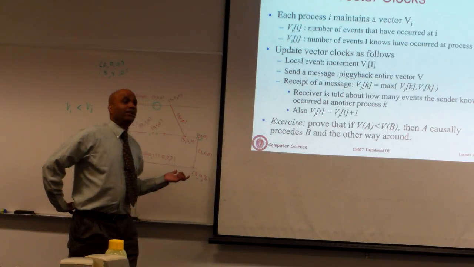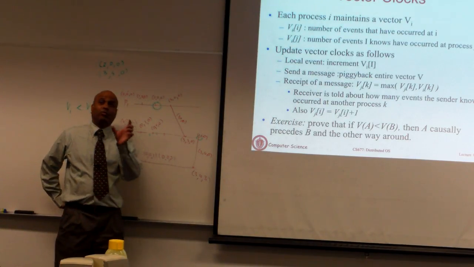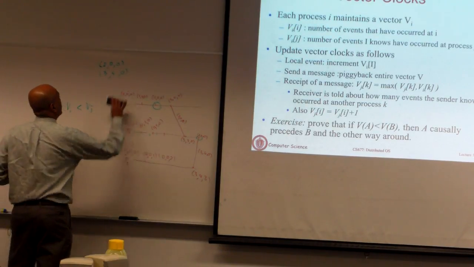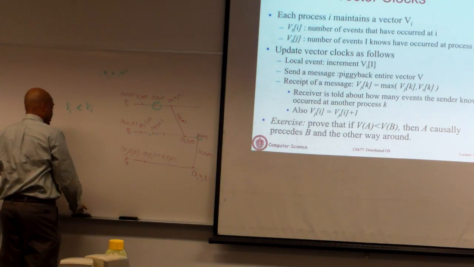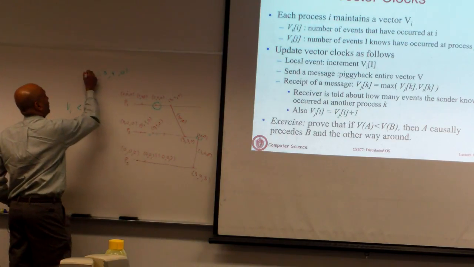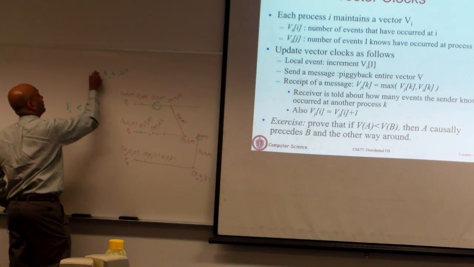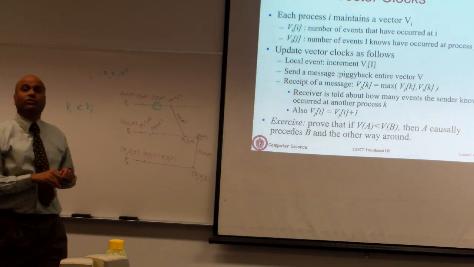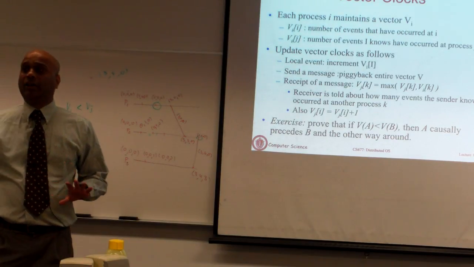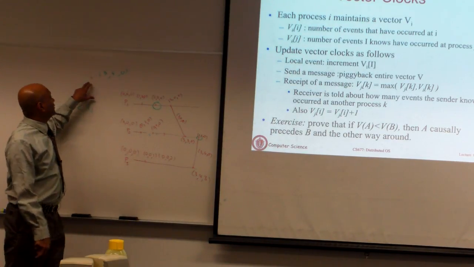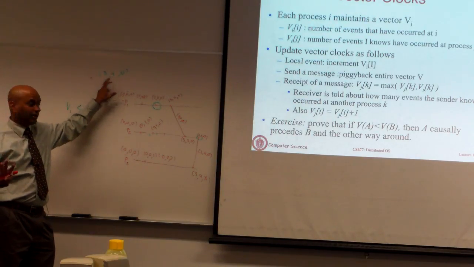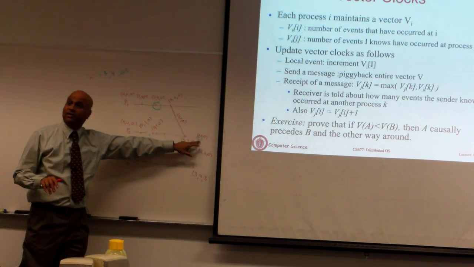To understand that, we need to understand what the vector is telling us. Let's take process P2, in particular this event which is marked here. If I say this is event 3, 4, 0, what does this tell us? Because this is a vector at P2, it tells us P2 has seen 4 local events, just take the clock 4 times to get there.